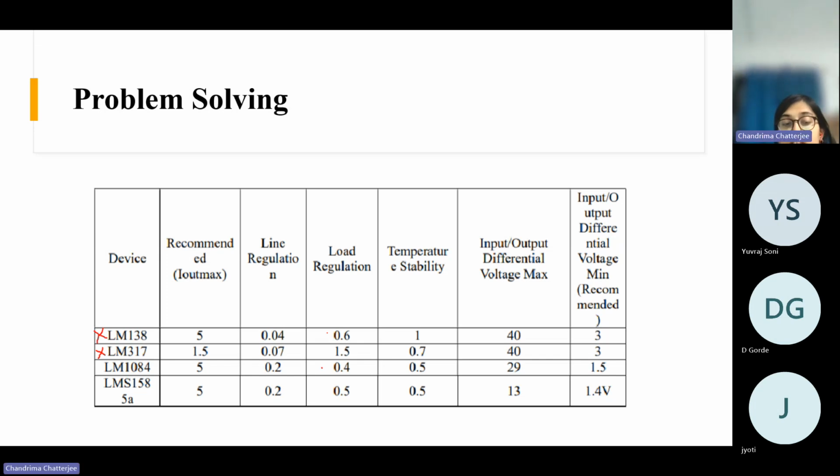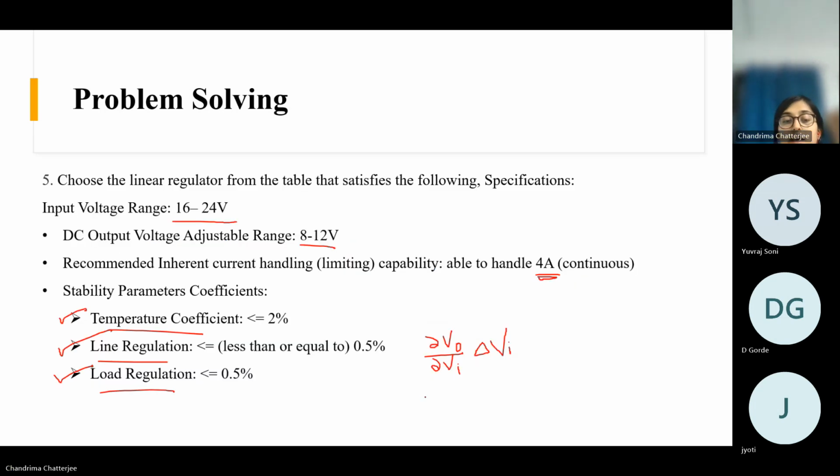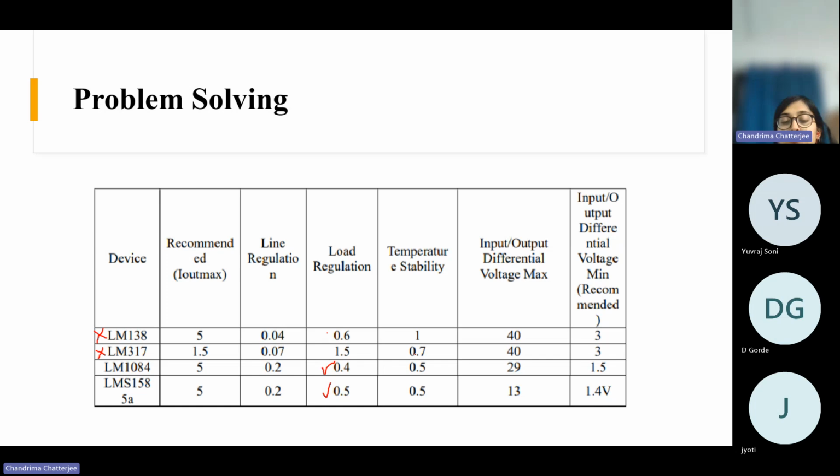So this one is okay, and this one is okay. Temperature stability: 0.5 and 0.5. And this one is also okay, 0.5 and 0.5 both are. Input output differential voltage max. What is this parameter? Input output.